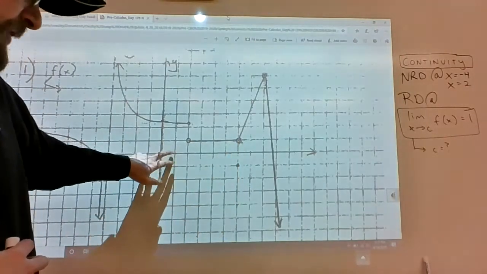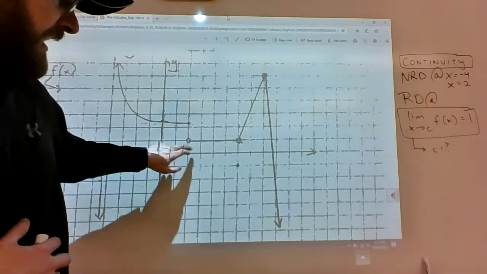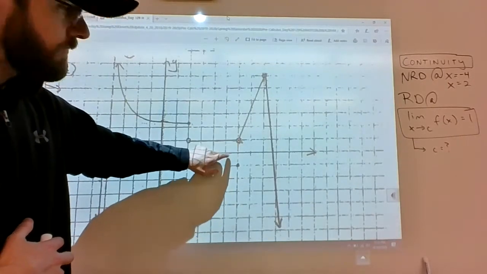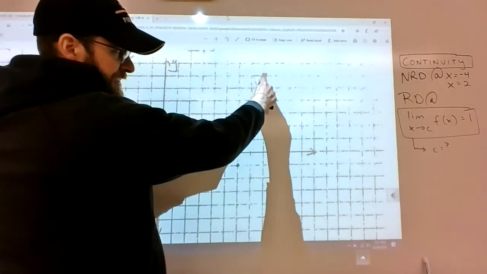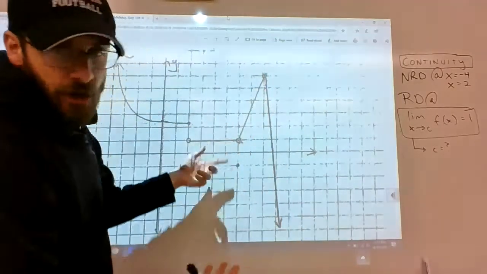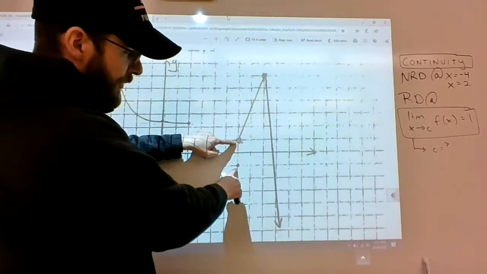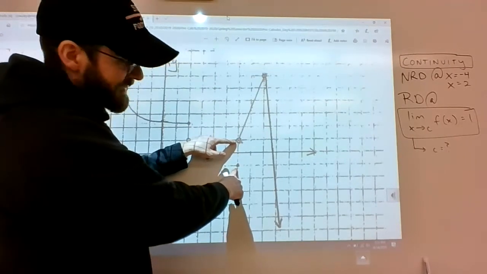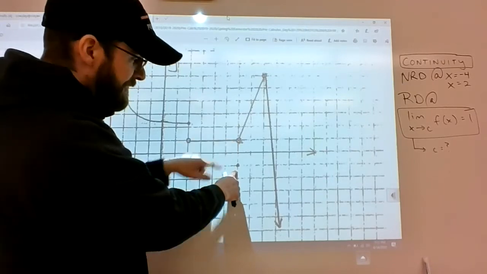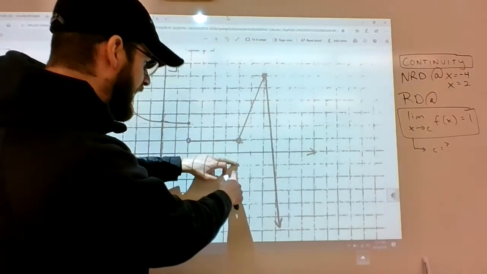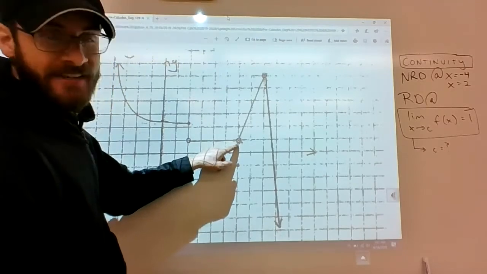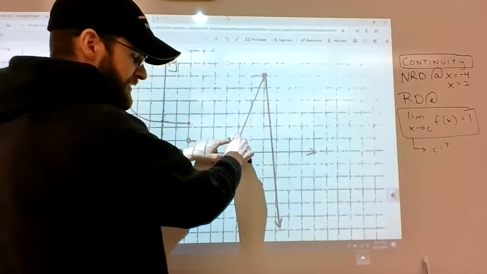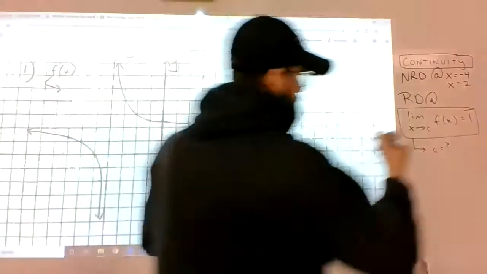The limit as x approaches 6 from the left is equal to 1. The limit as x approaches 6 from the right is also equal to 1. So this point right here, this is just the function's value at 6. This is f of 6. f of 6 equals negative 1. But the limit as x approaches 6 is 1. So, because the limit exists there, it is a removable discontinuity.